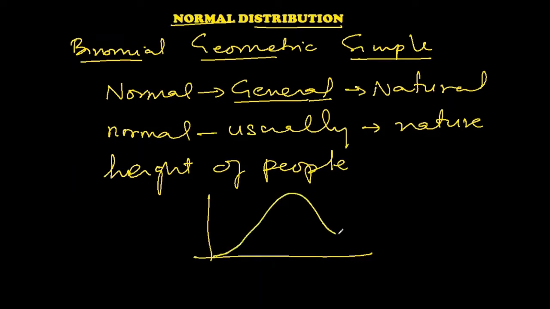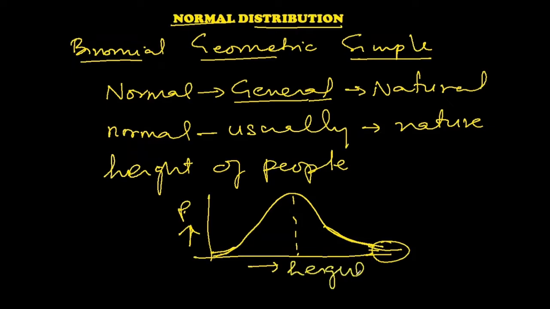There are people who are naturally at the mean, there's a mean height of people, and there are people who are abnormally tall, right? Very few people. Can you see the height of probability? This is probability, okay? This axis is probability, this axis is height. So we can see that very few people have tall height, very few people are very short, but generally most of the people are around the mean.